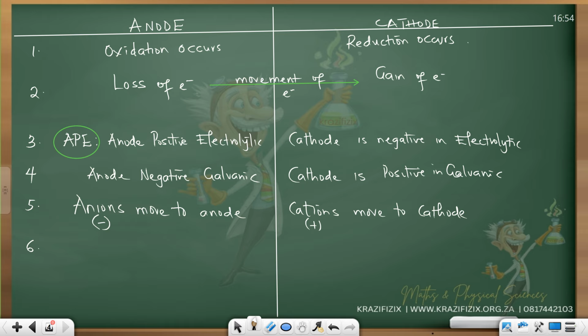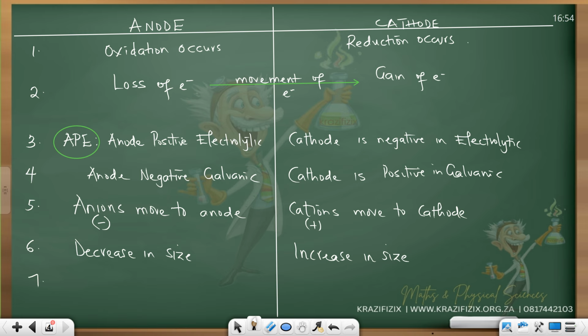So the cathode will increase in size, while the anode will decrease in size. Good, you're talking now. Anything I want to electroplate goes to the cathode because it must increase in size.